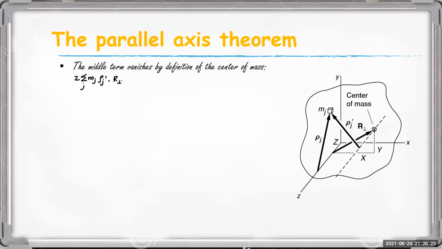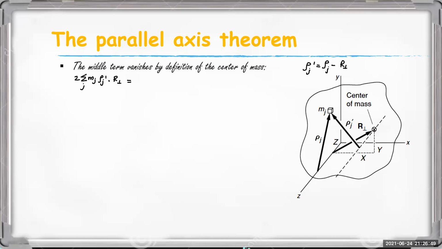Is it okay? In that quantity, what is rho j dash? From the figure, rho j dash is equal to rho j minus r perpendicular.